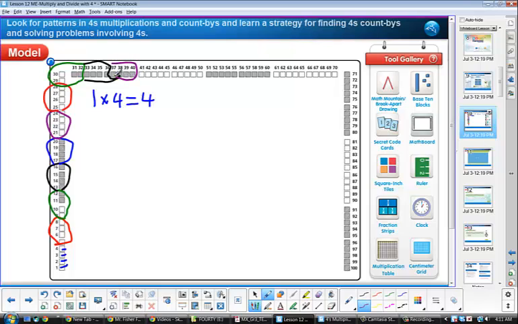Well, if we just look at our drawing over here on the side, we see that it goes 4, 8, 12, 16. So if we write our answers, we would have 4, 8, 12, 16, 20.